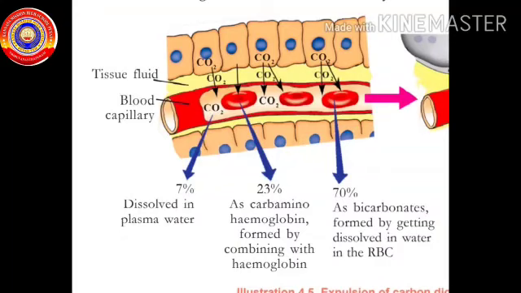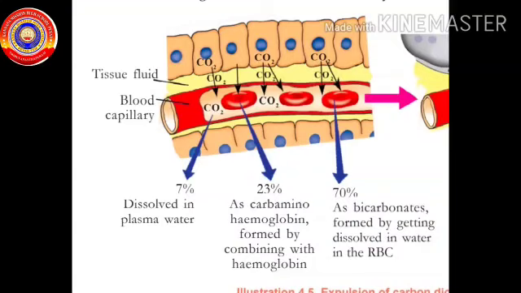Let's discuss. The carbon dioxide formed by cellular respiration reaches the blood through the tissue fluid. We know that blood contains plasma, RBC and hemoglobin. The carbon dioxide combines with 7% of plasma.